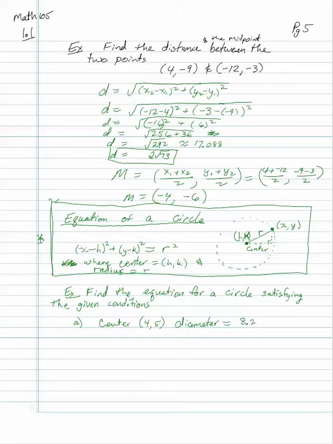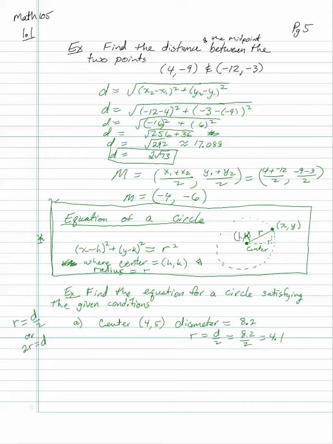Now if you recall, twice the radius equals the diameter. Okay? So to get the radius, we need to take radius equals diameter divided by 2. So it's 8.2 divided by 2, which is 4.1. Alright, now we're ready to go.